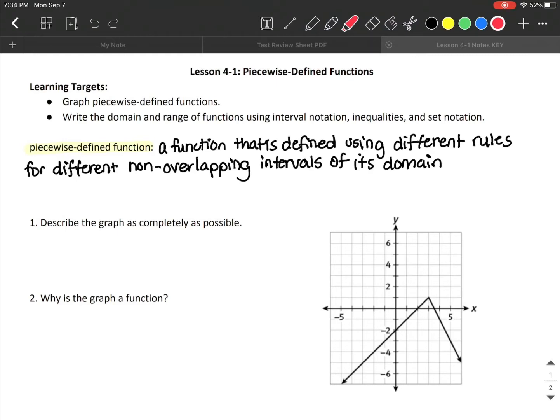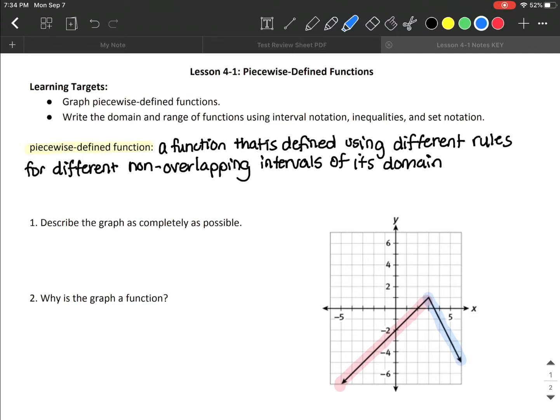If I look at the left part of this graph, from where x is negative infinity to where x is 3, that's a piece of an increasing line. And if I look at the x values greater than 3, the right side of this graph, that's just a piece of a downwards sloping line.